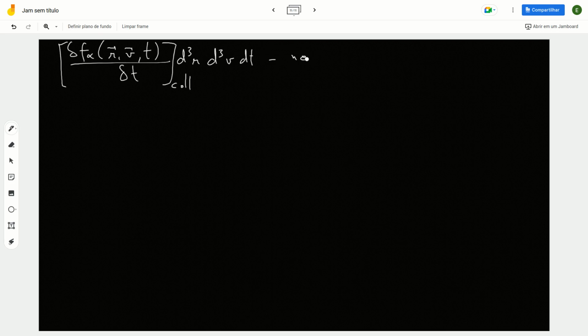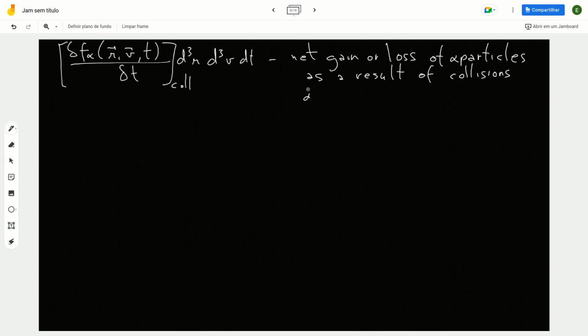This will be the net gain or loss of alpha particles as a result of collisions during dt time units in volume, if you follow what happens in volume d3r d3v.